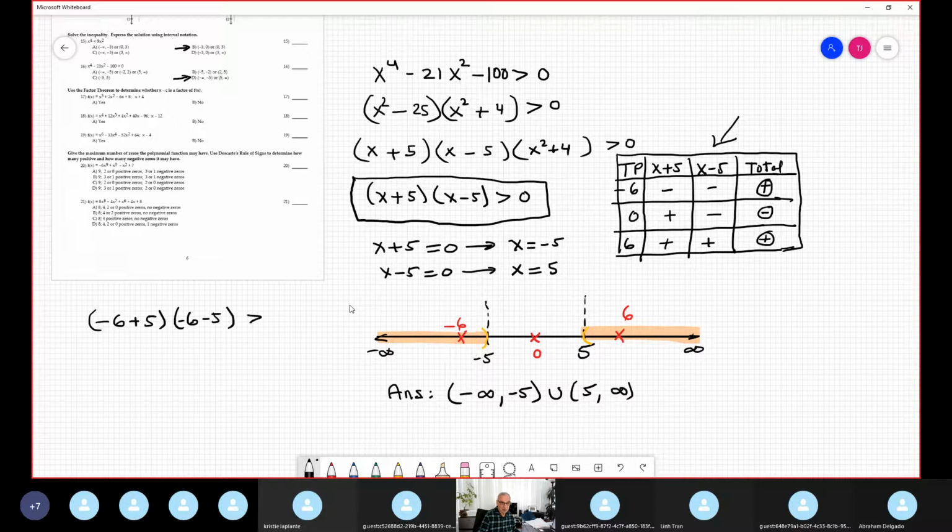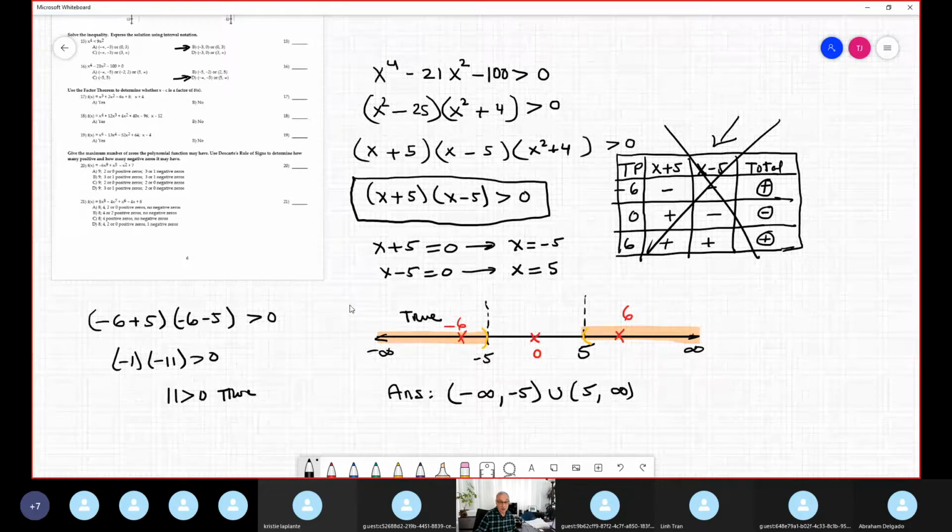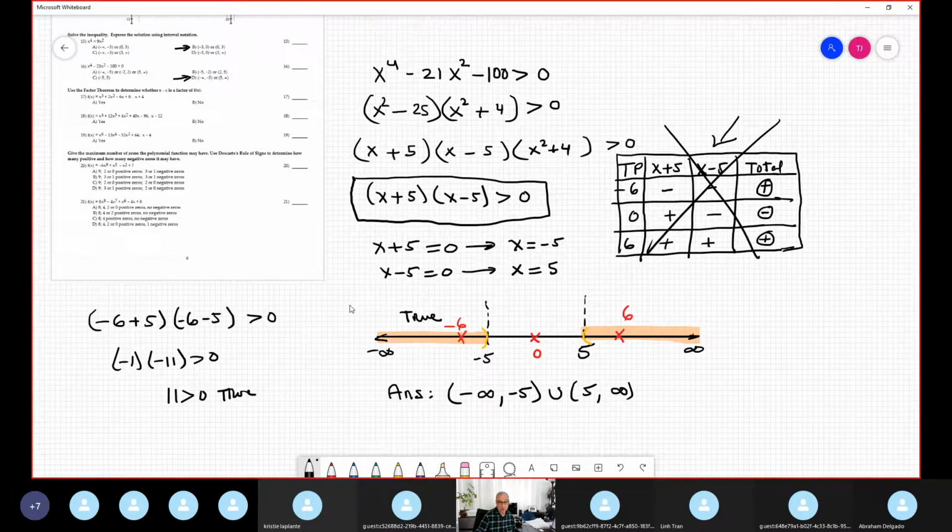I need to test if it's greater than or equal to 0. This is negative 1. This is negative 11. And negative times negative is positive 11, greater than 0. This statement is true, and you put true here. I don't necessarily do the table. I prefer the table. The table is useful in complicated examples that have several factors, and it's a fantastic way, in my opinion, to organize the work. Clear?